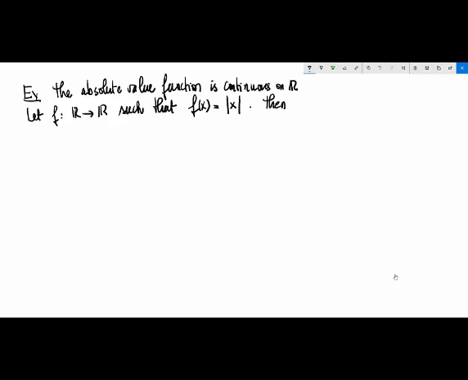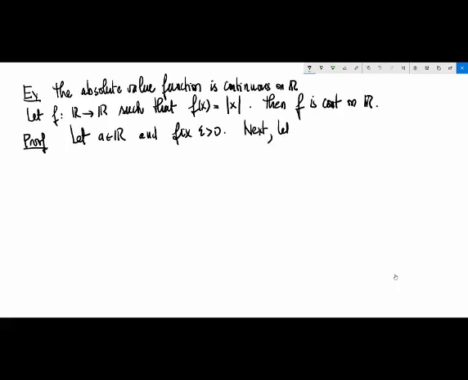Then I would like to prove that f is continuous on R. So to this end, it's enough to prove that f is continuous at every real number a. So let a be some real number, and fix some epsilon which is positive. Next, let delta be some positive number. I will select my delta to be precisely equal to epsilon, and we'll see in a minute why.